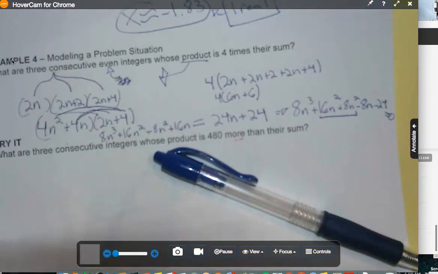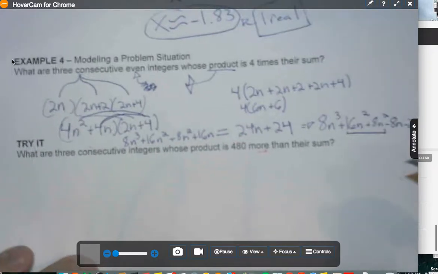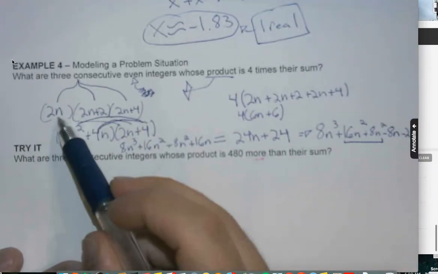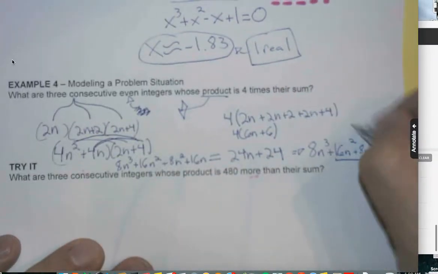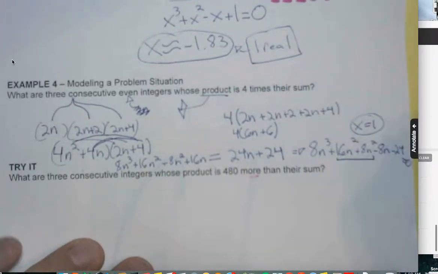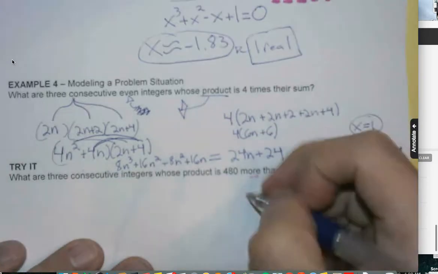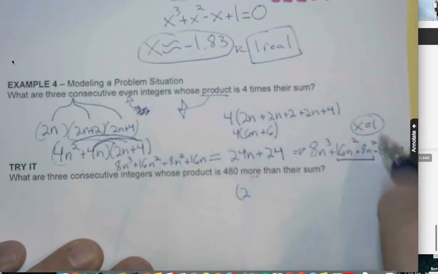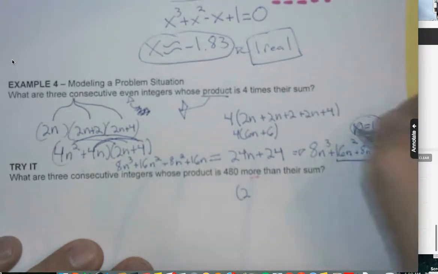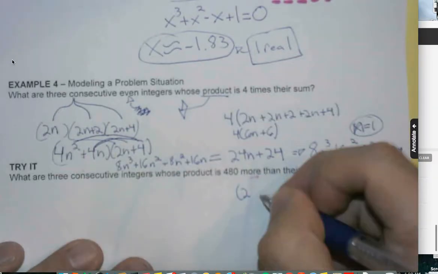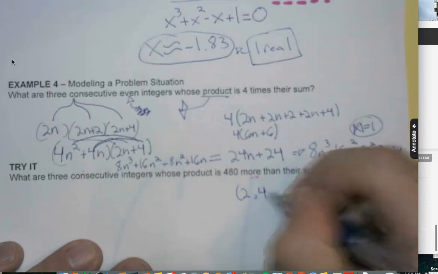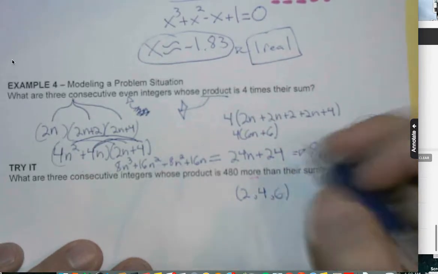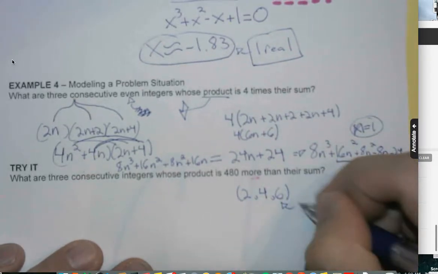So ideally, if x is 1, that means that 2 would be the first one. So this is saying that x equals 1 is one of your solutions. But as far as answering the context, if you take where n is 1 and plug it back into here, you'll see that your first number is 2, your next number is going to be 4, your next number is going to be 6. So these are your 3 numbers, actually.